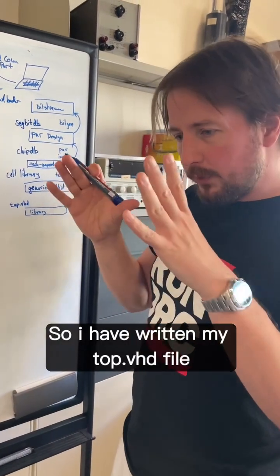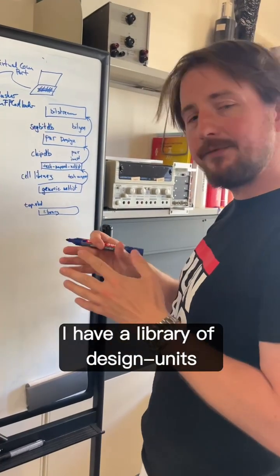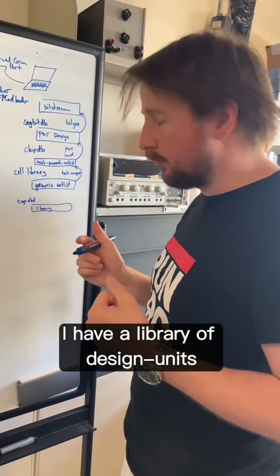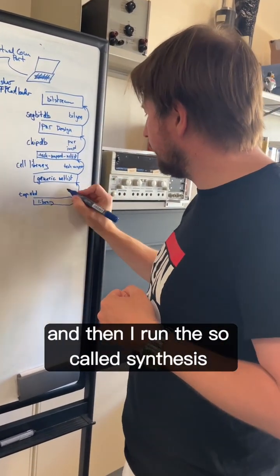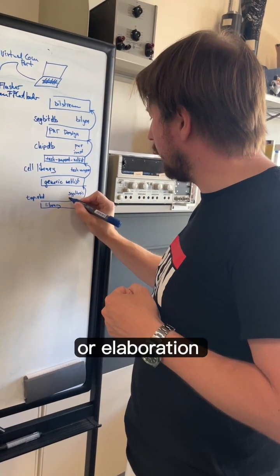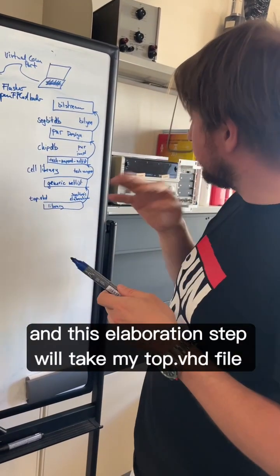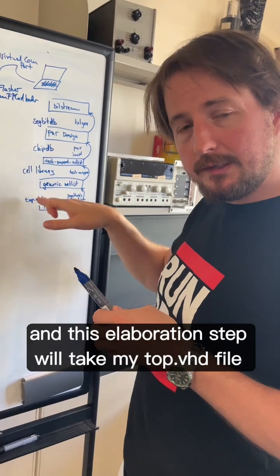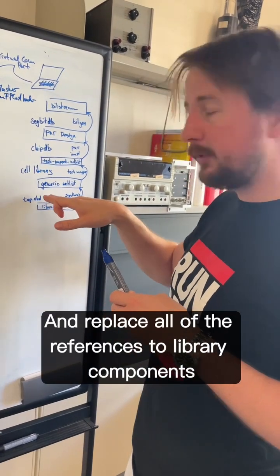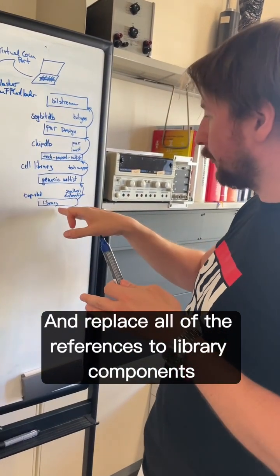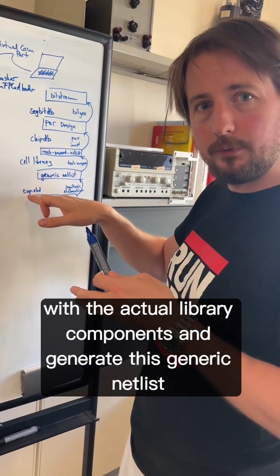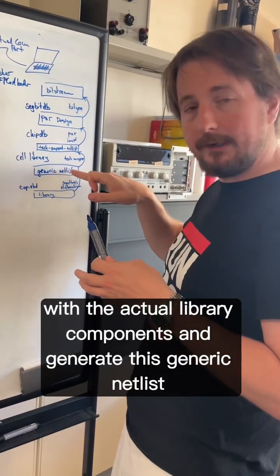So I have written my top.vhd file, I have a library of design units, and then I run the so-called synthesis or elaboration. This elaboration step will take my top file, replace all of the references to library components with the actual library components and generate this generic netlist.